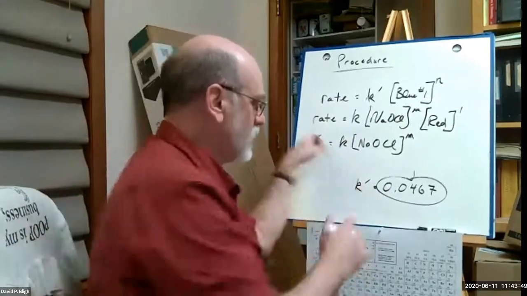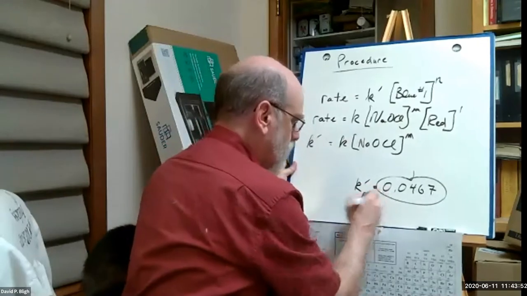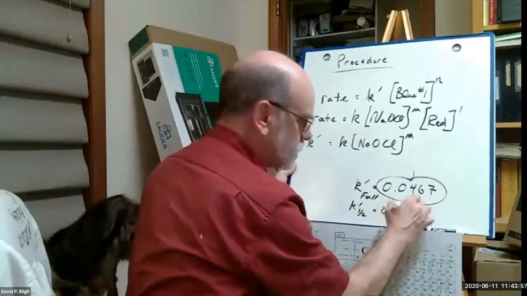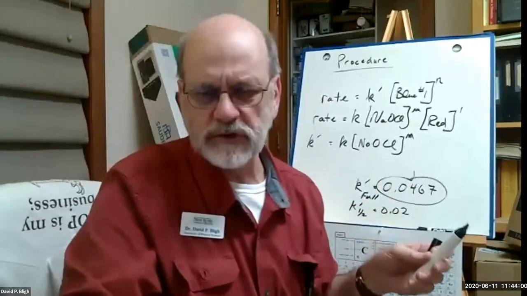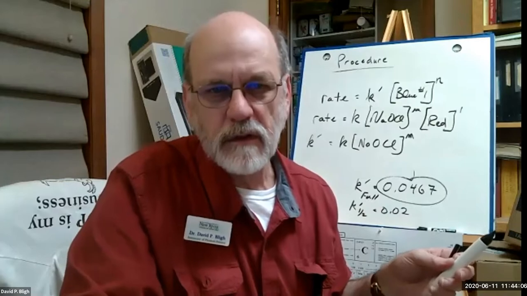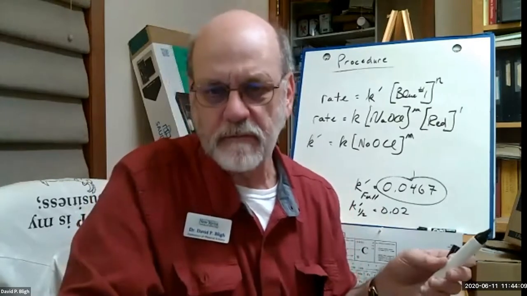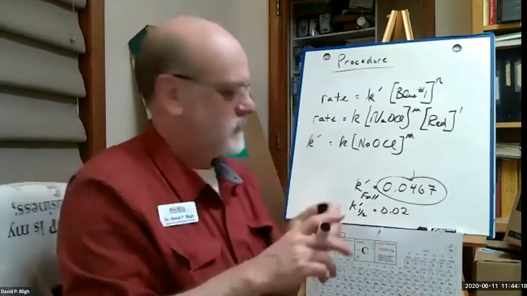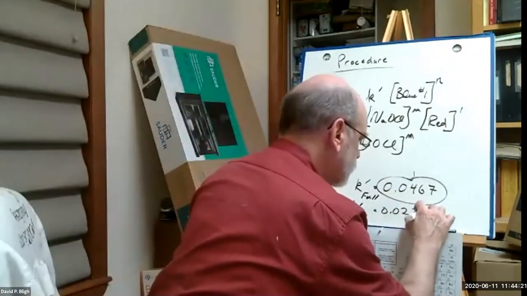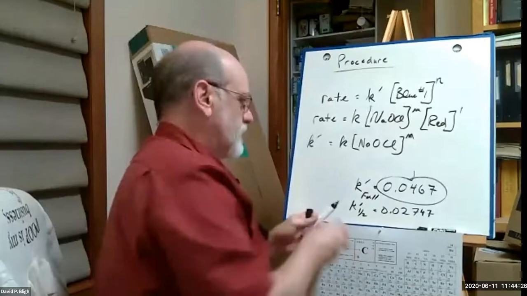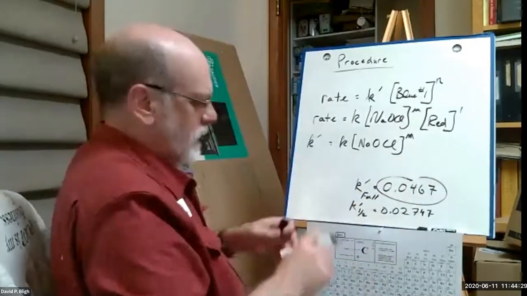We've got this one for full strength, and then we've got K prime for half strength as 0.02747.